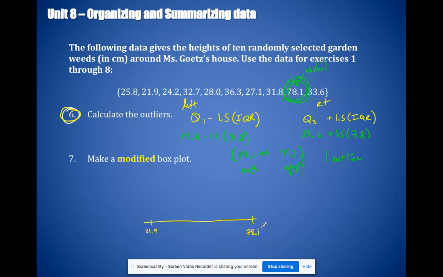But now I'm going to have my Q1 still, that's not going to change. 25.8, 28, and oh, well, that's terrible.